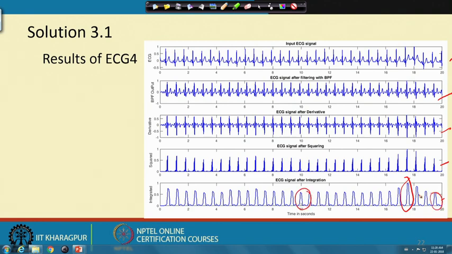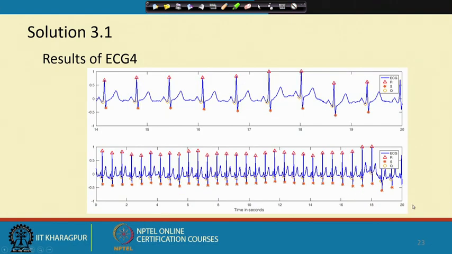So, the uniformity is not that much. Okay. So, let us see how successful it would be after the thresholding. We get that in this case also, it seems that the Pan-Tompkins algorithm is able to get all the QRS complexes.